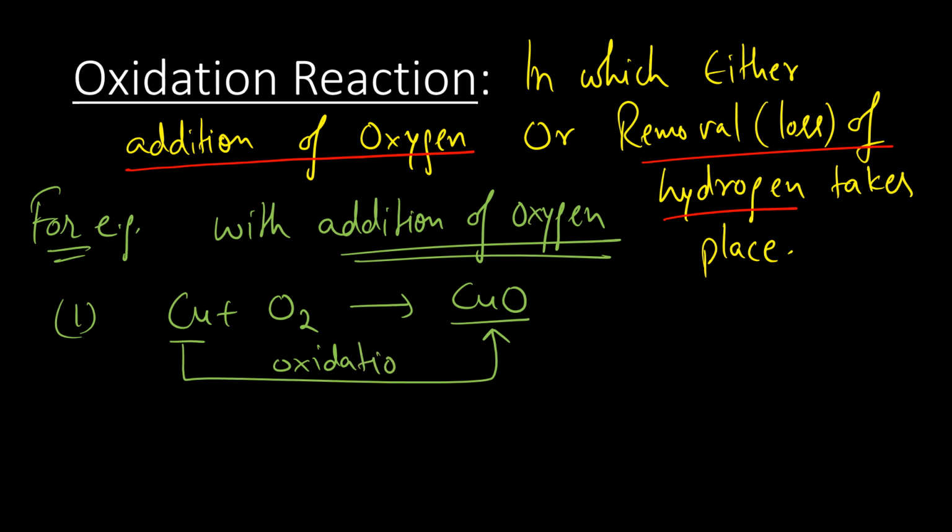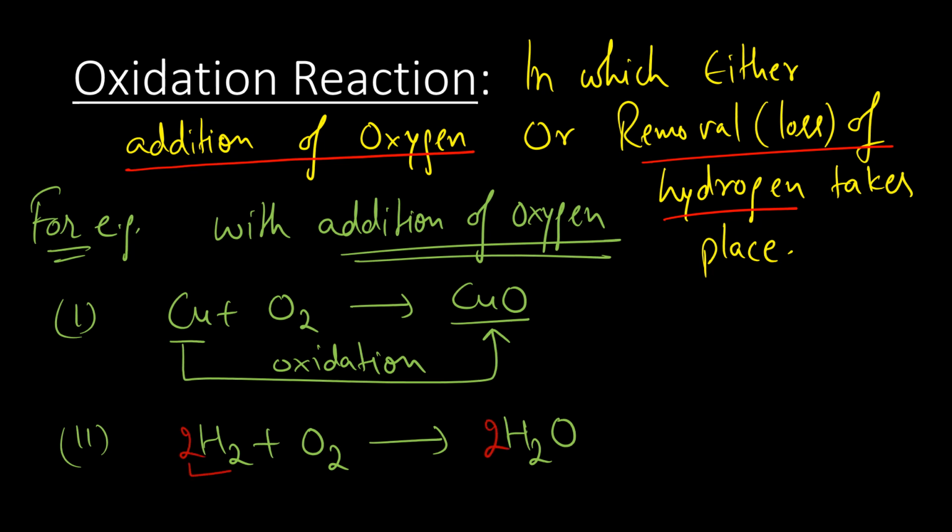Now if I'm adding oxygen to hydrogen, I get a water molecule. Let's write it in the balanced form. Here your hydrogen gets changed into water by the addition of oxygen. Again, addition of oxygen corresponds to oxidation.